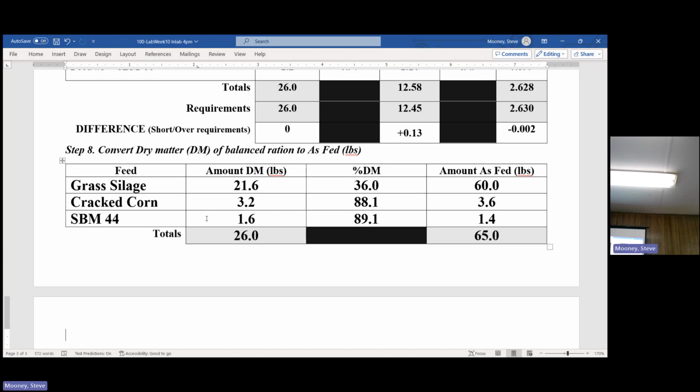You would take the total dry matter that you're feeding and multiply by 100. Get your percentage. So the amount of feed 1 for total intake.